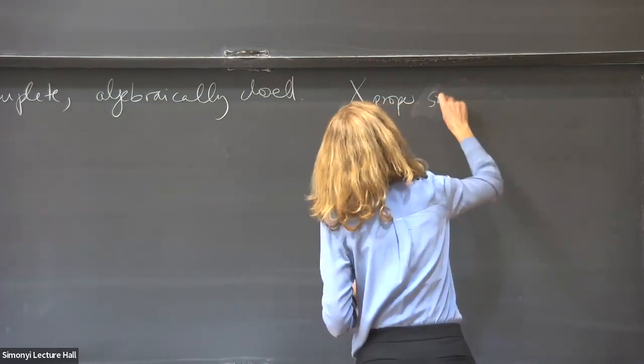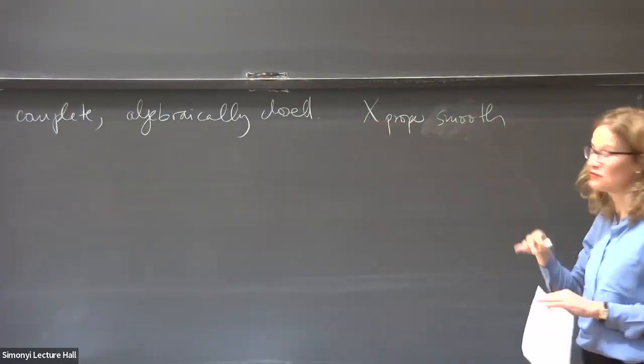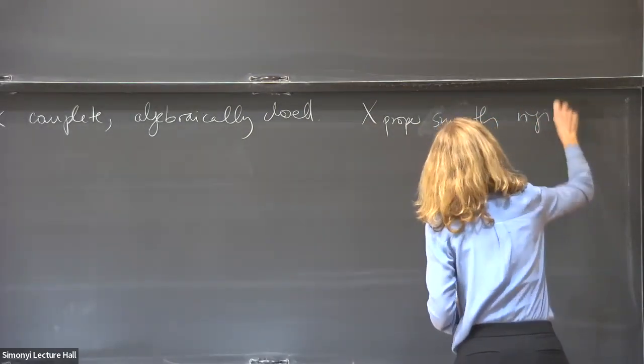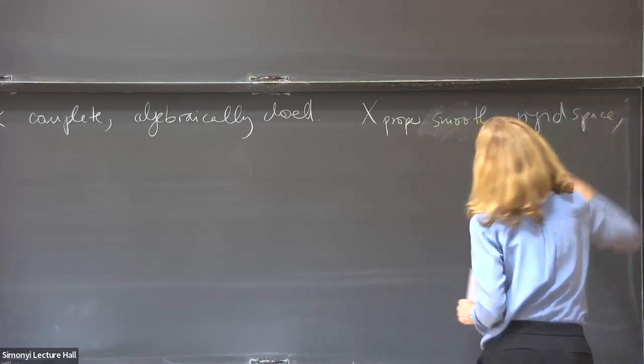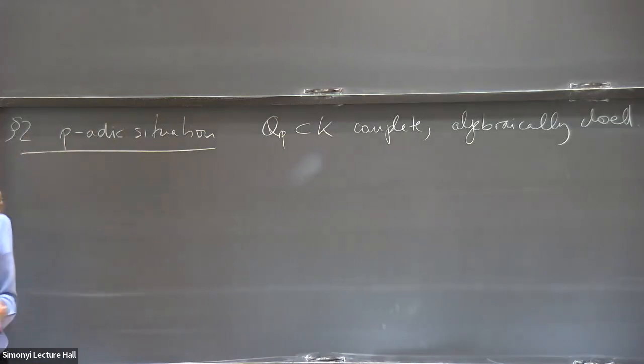So we are very happy if we can do anything for proper smooth spaces, so we'll always assume this. And by a rigid space, I will use notation a little loosely, so sometimes I have rigid, sometimes adic, sometimes Berkovich, but things are always nice.